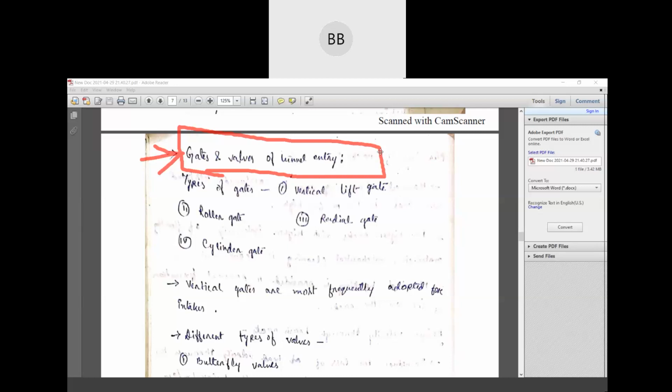That trash rack portion I'll share with the CR, he or she will circulate among yourselves. So don't worry. You write gates and valves.